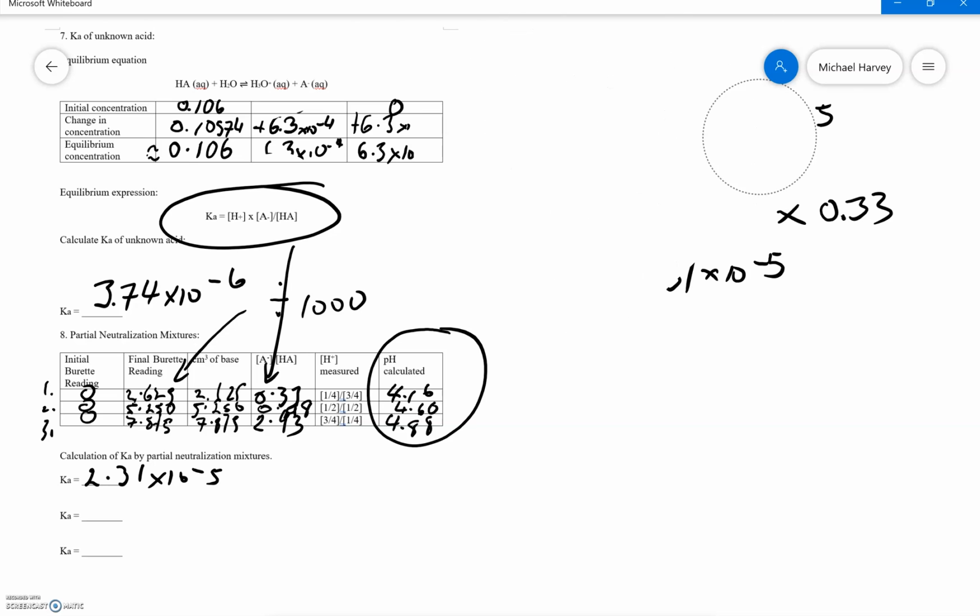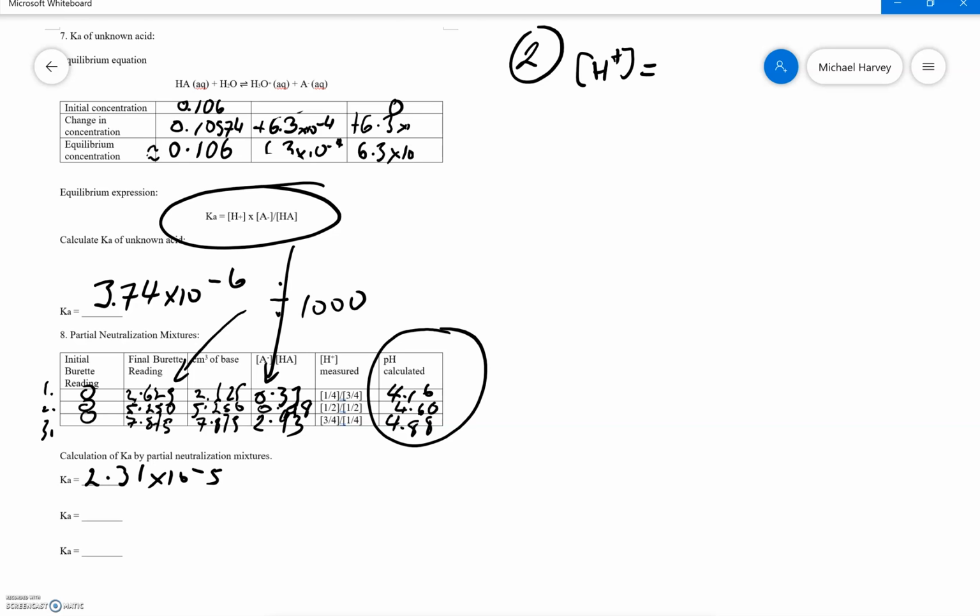So now let's do example 2, because obviously the proton concentration is going to change because the pH changed. The concentration again of H plus will equal 10 to the minus, this time, 4.60. Getting the old calculator out, that will equal 2.51 times 10 to the negative 5.